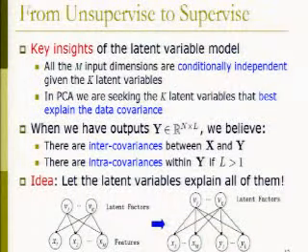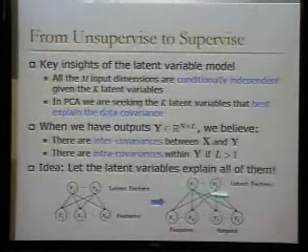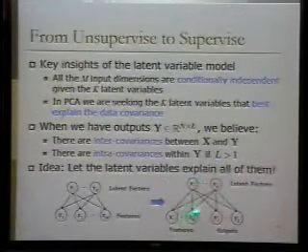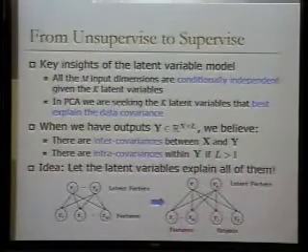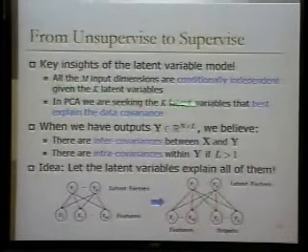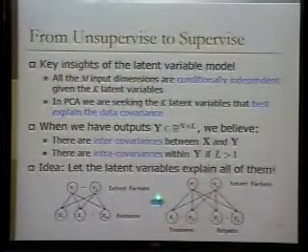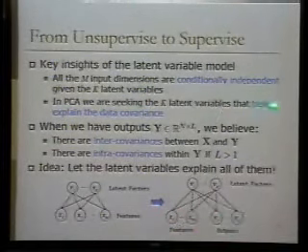So the idea here is to go from the unsupervised latent variable model to the supervised one. The k latent factors explain both input features and output features. With the same key insight of the latent variable model, after you make this projection, we assume all the features and all the output dimensions are conditionally independent.